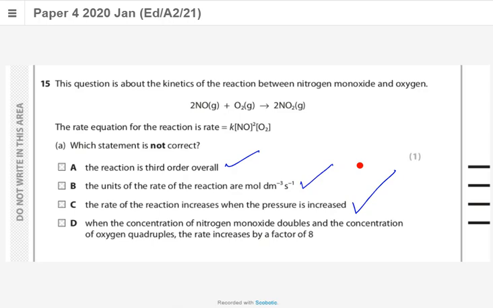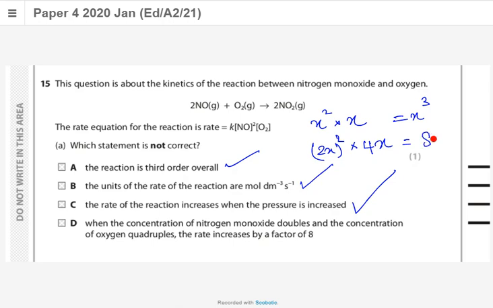When the concentration of nitrogen monoxide doubles and the concentration of oxygen quadruples, the rate increases by factor 8. Let's say I take the NO as X and the oxygen as X, so it's X cubed. Now the nitrogen monoxide doubles, so I make it (2X) squared, and oxygen quadruples, 4X.